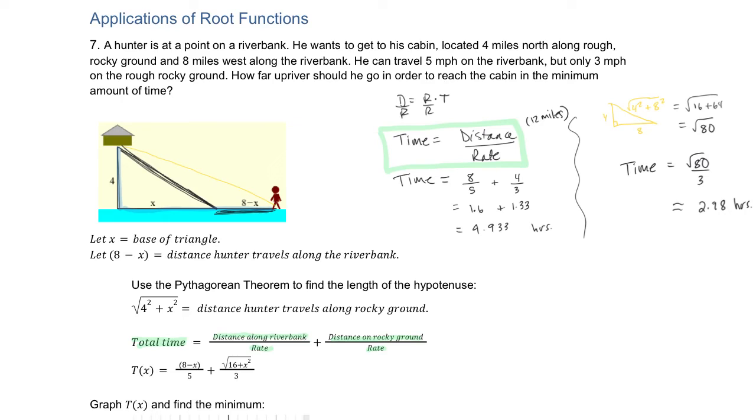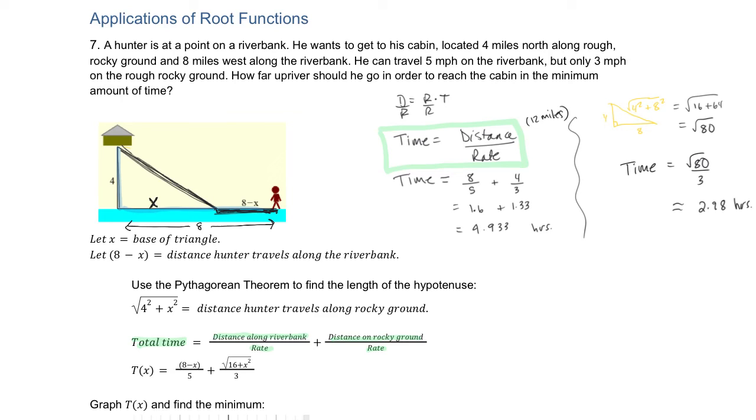I'm not sure yet when I want him to turn. I'm going to let the little bottom of that triangle be x. Remember that the whole thing is 8. So if we subtract, 8 minus x would be the amount of his trip along the riverbank.